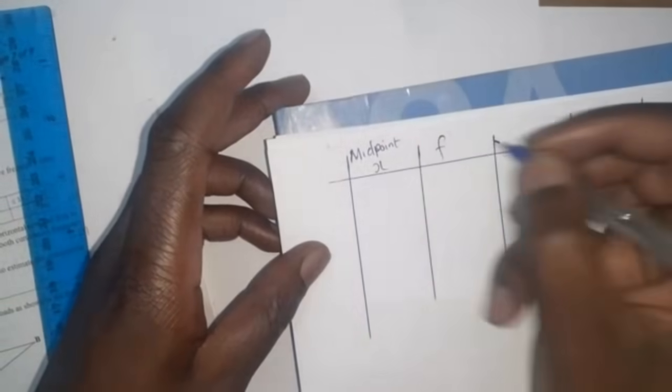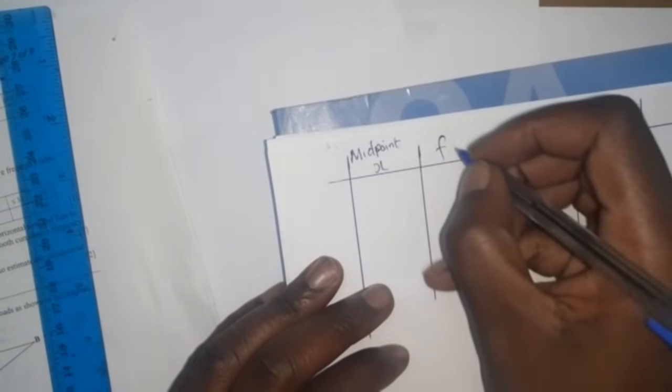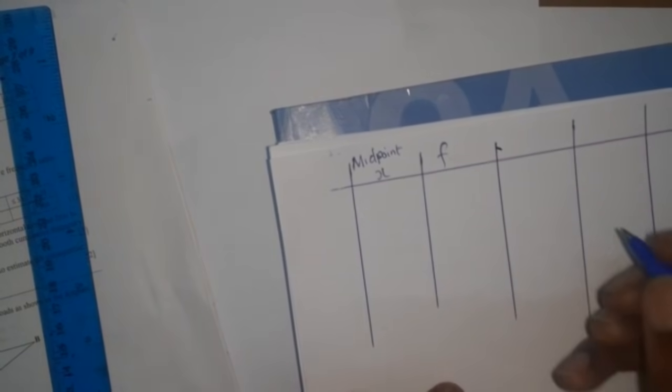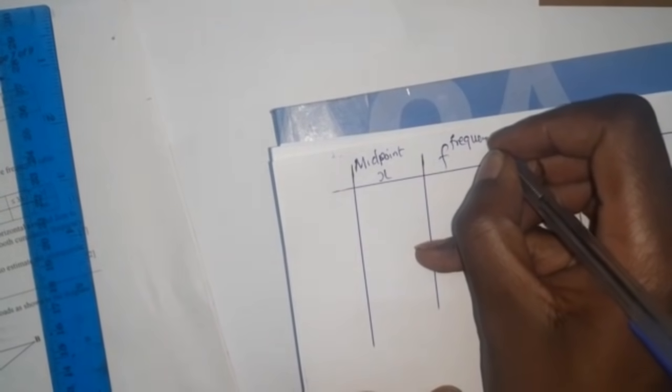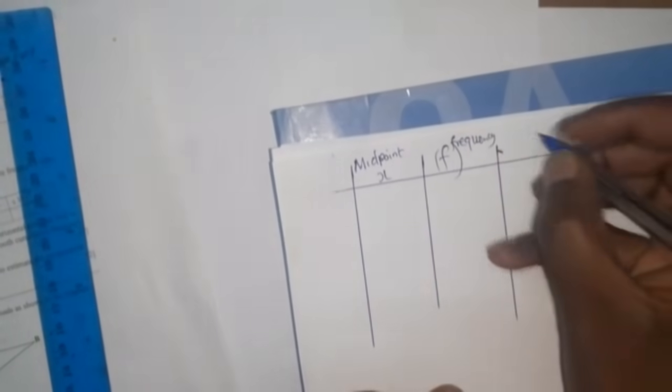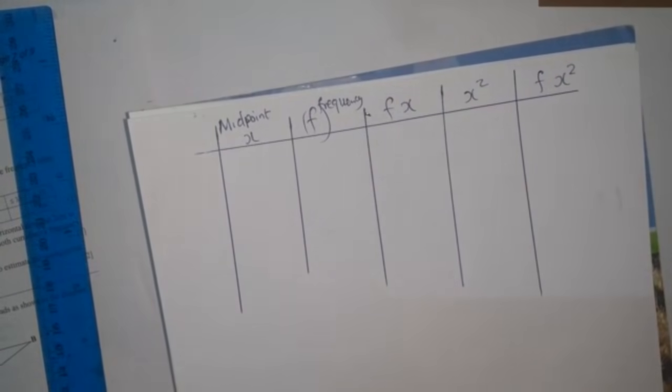Then we should have the frequency, which we're going to call our f. Then here we have f multiplied by x. Then this side we're going to have x squared. Then here we're going to have f multiplied by x squared. So these are the columns that you need.